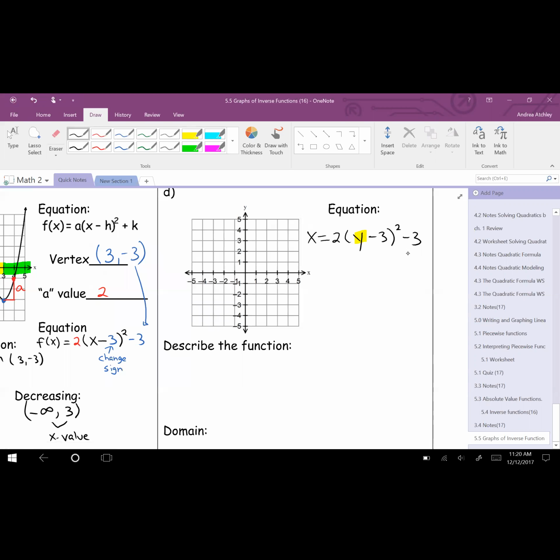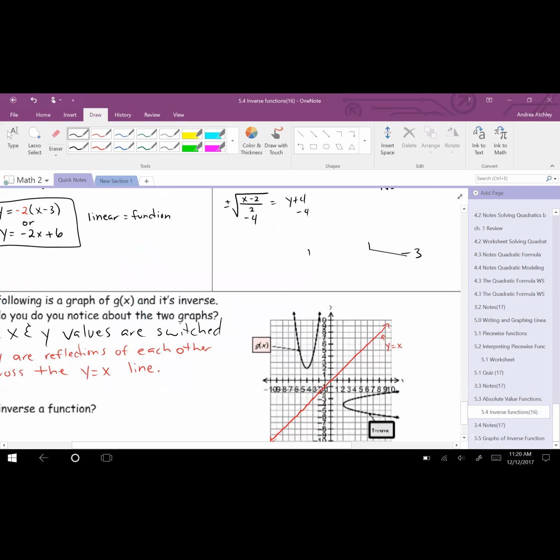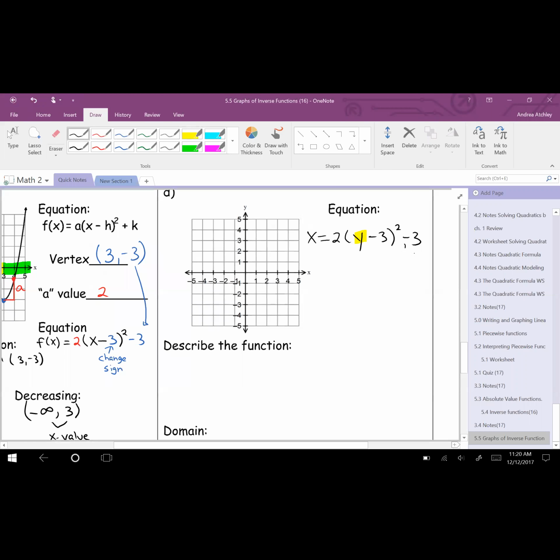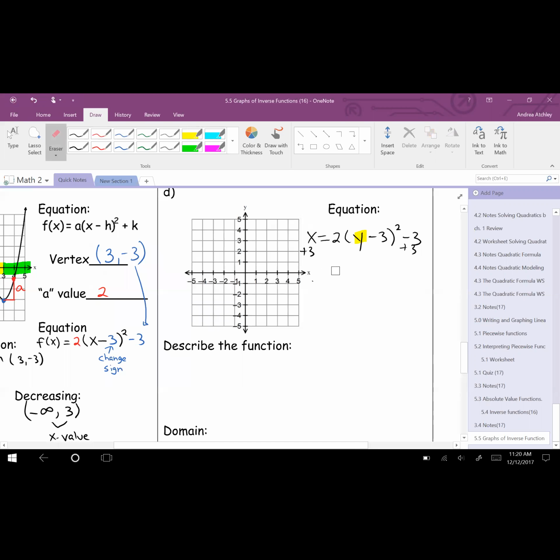Add 3 to both sides. So that's going to give me x plus 3 equals 2 times y minus 3 squared.